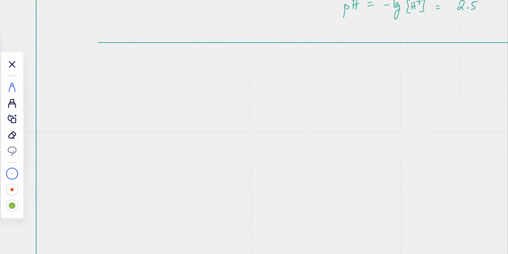There's a thing called buffer solution. Now it's related to what we are just doing. Buffer solutions are extremely important because I told you that water is very important.